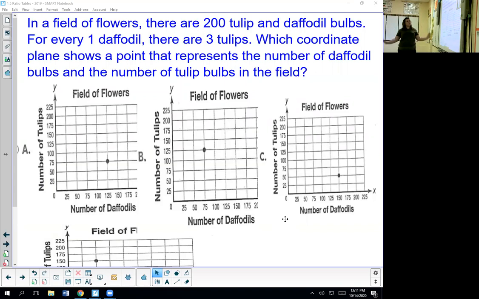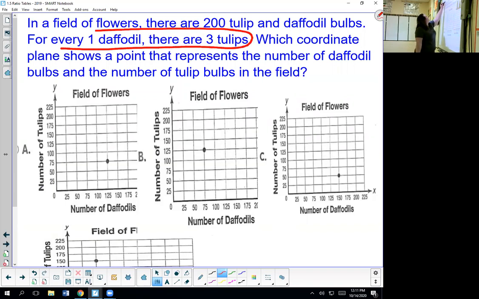Okay, so let's look at this. Here is the important part. For every one daffodil, there are 3 tulips. So let's write that as a ratio. One daffodil for every 3 tulips. So we want to know which one is the same exact ratio by looking at the coordinates here.